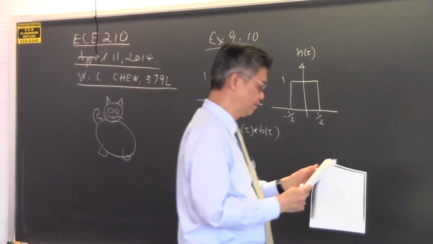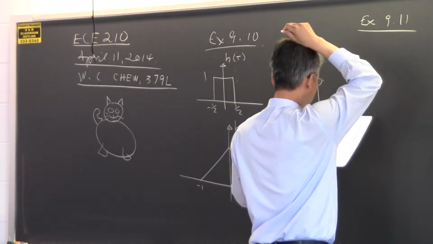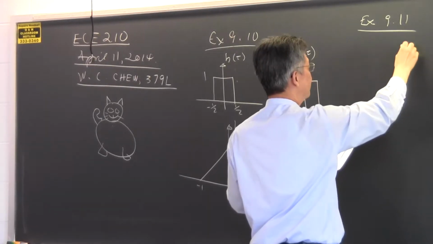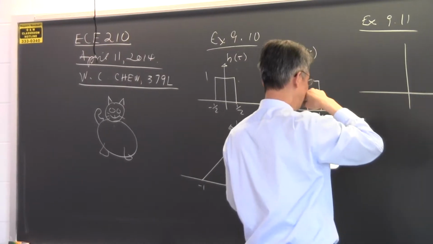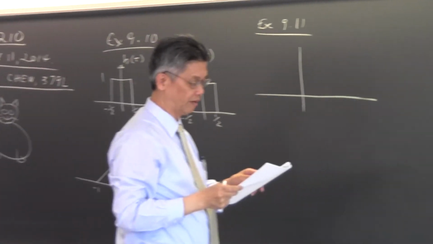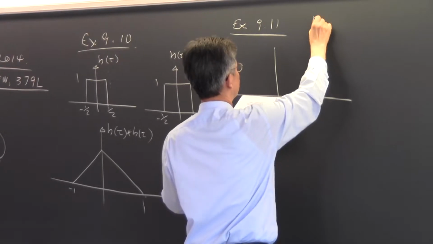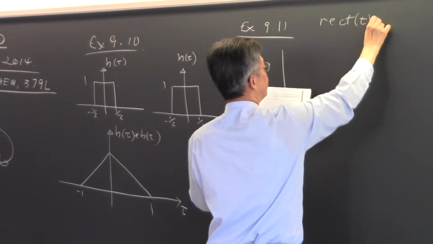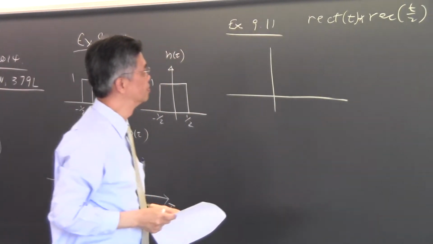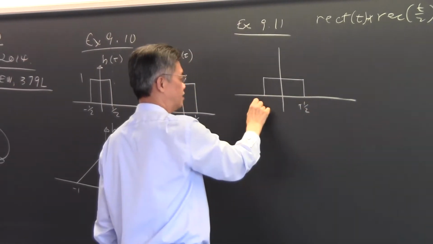And then there's another one, example 9.11. If you have two rect functions that are not of the same weight, rect t convolving with rect of t over 2. So rect of t will look something like this: minus half, plus half.